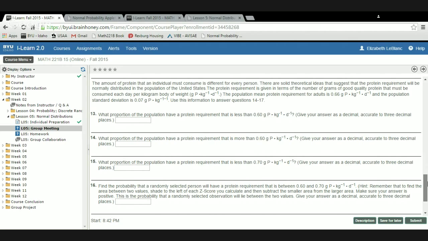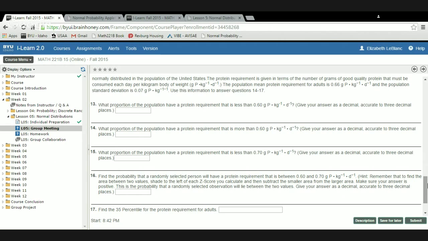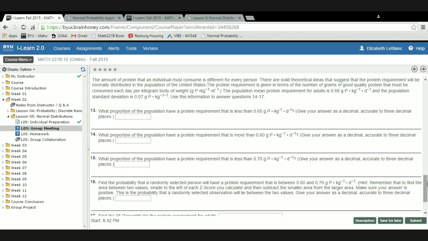Okay, so the first part, we kind of just plug in the numbers, right? For the very first part, we have to use the z-score equation, which is z equals x minus the mean divided by the standard deviation. So the number we're trying to get is 0.6.